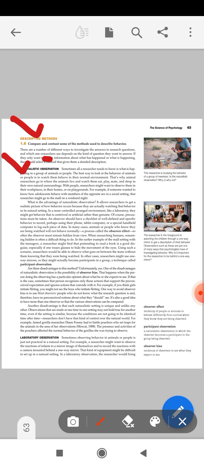It allows the researchers to get a realistic picture of how behavior occurs, because they are actually watching what the behavior is in its natural setting. Whereas in a controlled environment such as a laboratory, there might be some problems: participants can change their behavior.